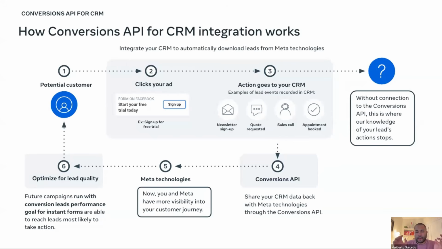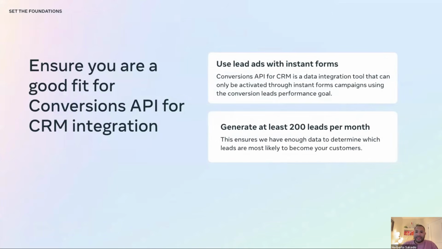Now, how do I get started? If we go to the next slide, there are some prerequisites, and it's essentially two. One, right now, Conversions API for CRM is a data integration tool that essentially works with lead ads with instant forms, and instant forms is a conversion location. So instant forms is our native campaign conversion location.